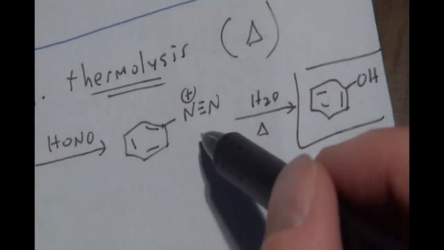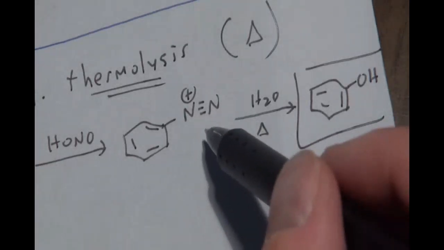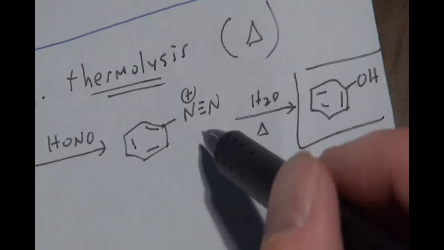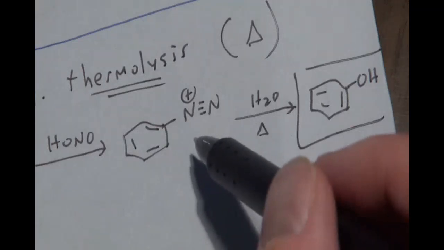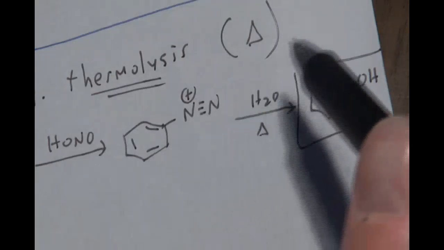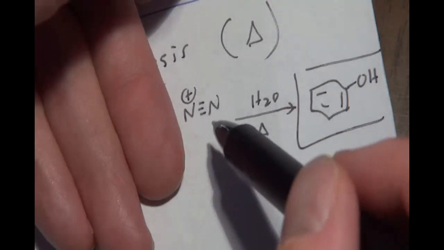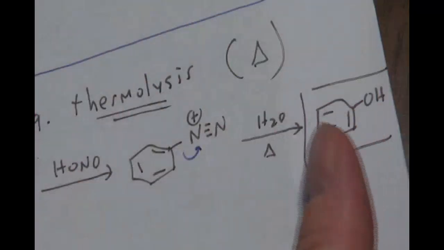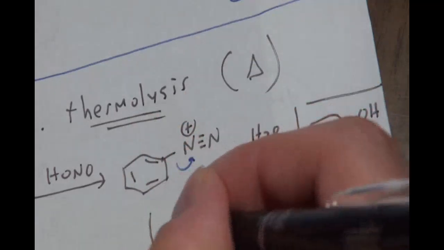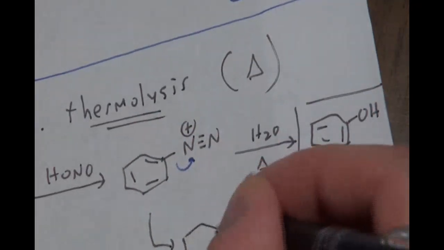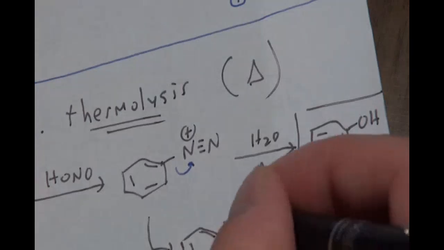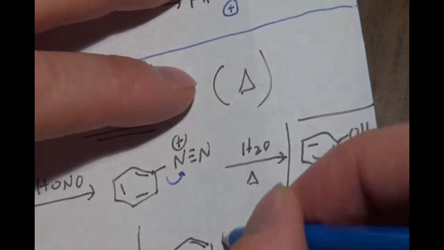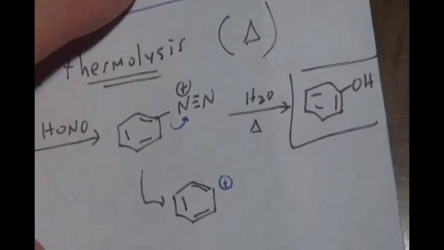Well, do you think N2 plus might have a different ambition on what it might want to do? It's really close to being N2 gas, right? So it really wants to become N2 gas, and so what happens is it just pops off. It's a leaving group. This is a rare case because this is not a stable carbocation, but it is probably what's happening. It's not resonance stabilized.